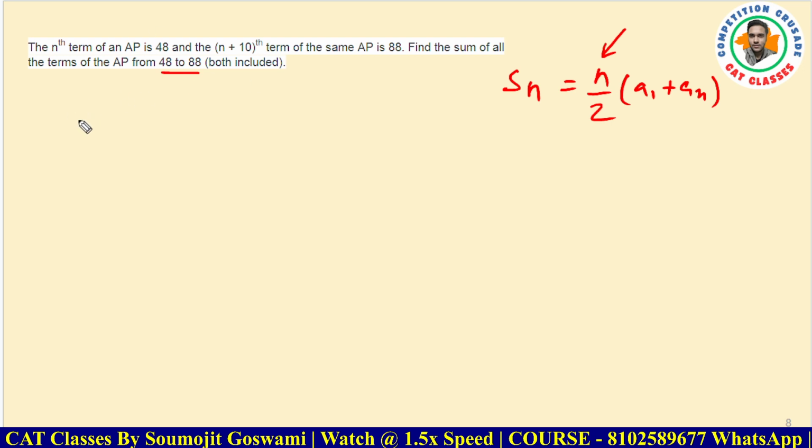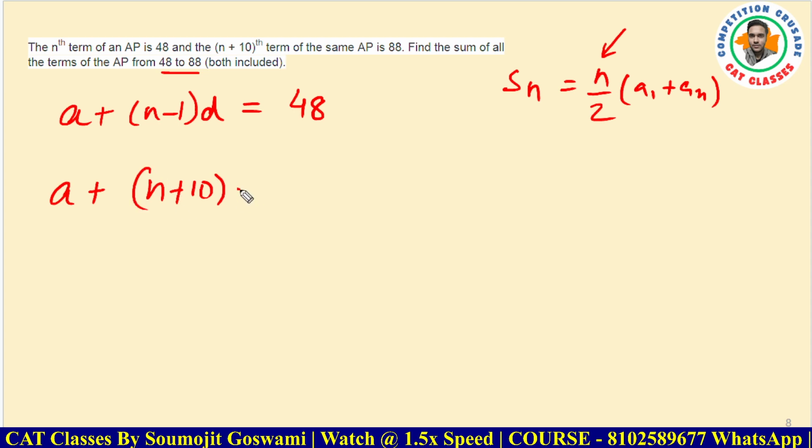So let's do this thing. This is going to be a plus n minus 1 d is equal to 48, and a plus n plus 10 minus 1 d is equal to 88. Now I know this looks ugly, but what can one do?